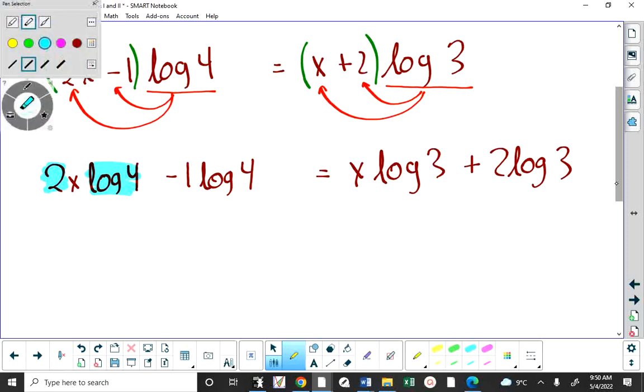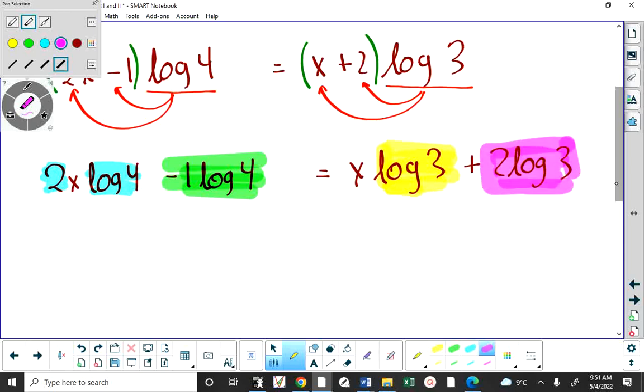This entire negative 1 log 4 is just a number. It's just a number. This log 3 is just a number, and I apologize in advance for the vibrant color. This is another number.